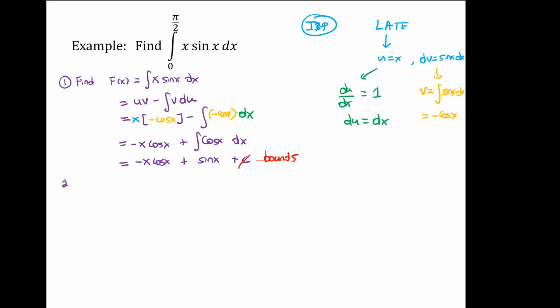Now we'll go to step 2. Evaluate the antiderivative on the bounds. Evaluate capital F at the top number, pi over 2, minus capital F at the bottom number, capital F of 0.